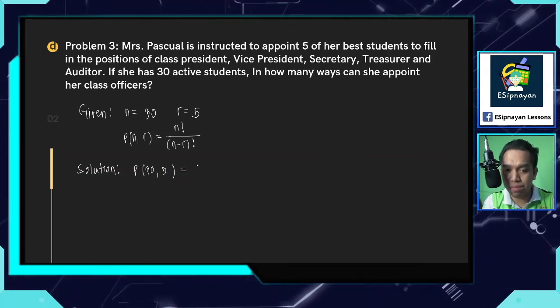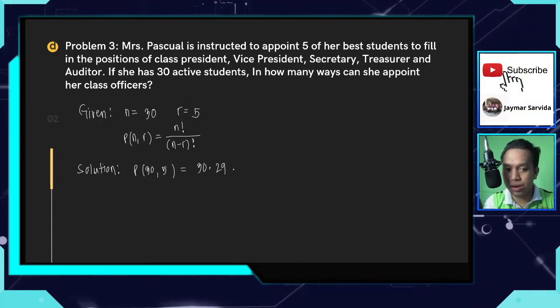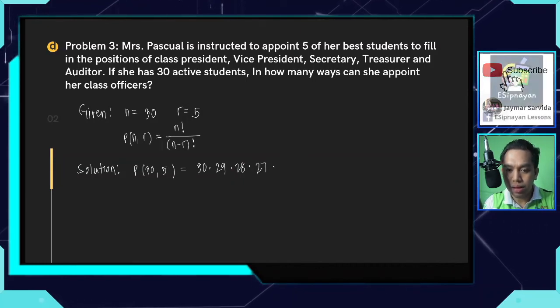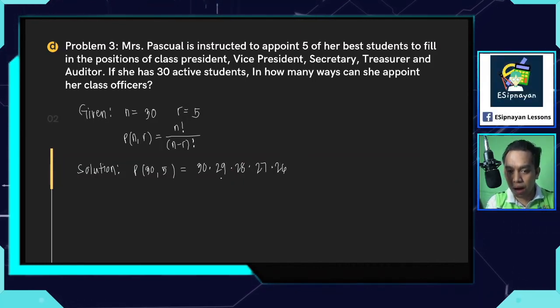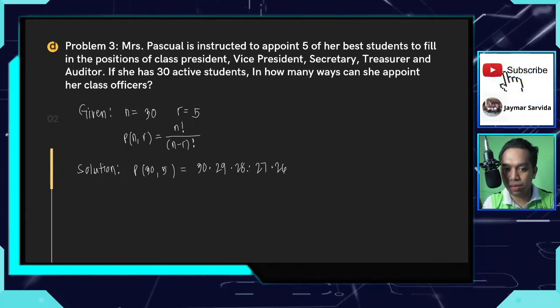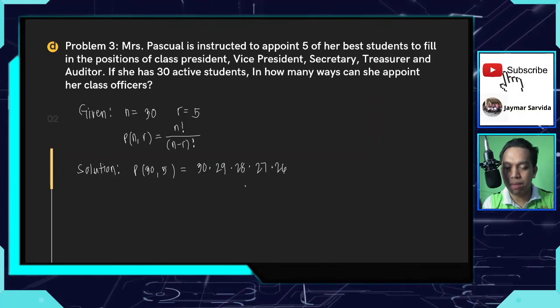So 30 times 29 times 28 times 27 times 26. Ayan. So 5 consecutive numbers starting with 30 in descending order. So 1, 2, 3, 4, 5. 30, 29, 28, 27, 26.